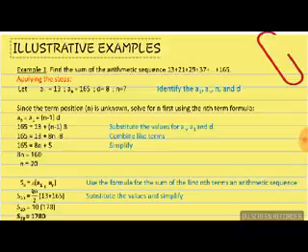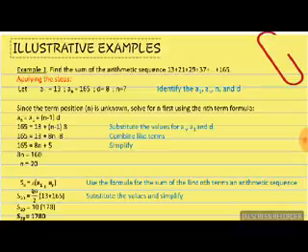So we have a sub n is equal to a sub 1 plus the quantity of n minus 1 times d. So we substitute the values for a sub n, a sub 1, and d. Combine like terms. Then we simplify. And we now have our n, which is 20.